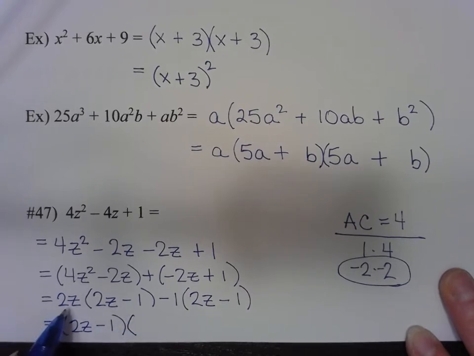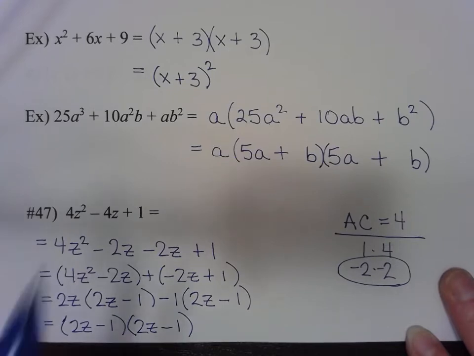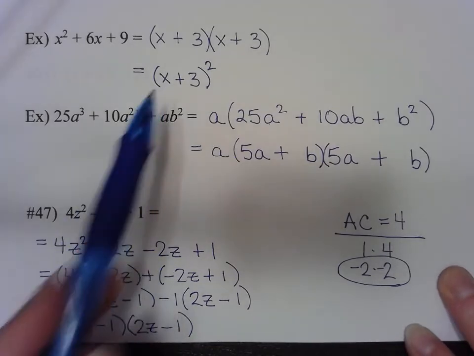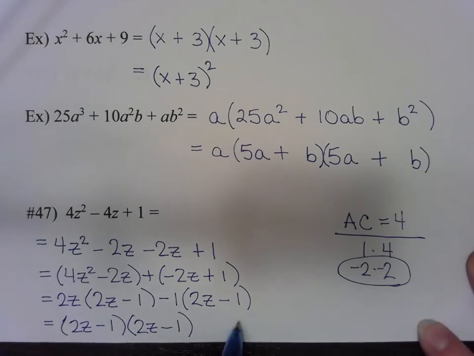And what's left is a 2z and a -1. So you can either leave it like this or you can write it as a square, just like we did up here. Right? So this is a fine answer, or if you want to write it as 2z minus 1 squared, you can do that as well.